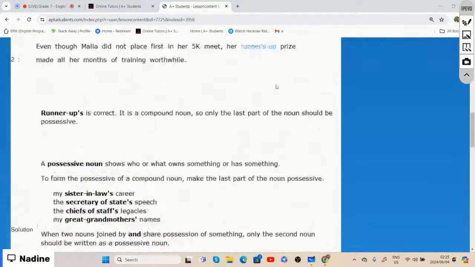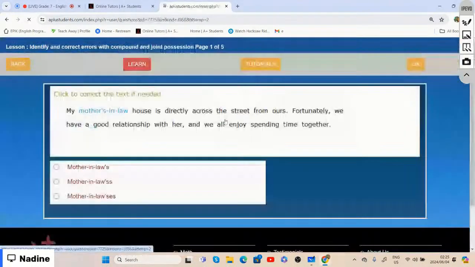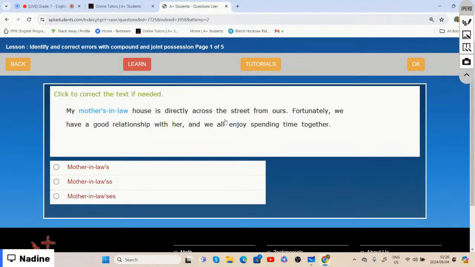All right, so now let's go to our test. We're going to identify and correct errors with the compound and joint possessive nouns. So once again, here it says my mother-in-law house is directly across the street from ours.